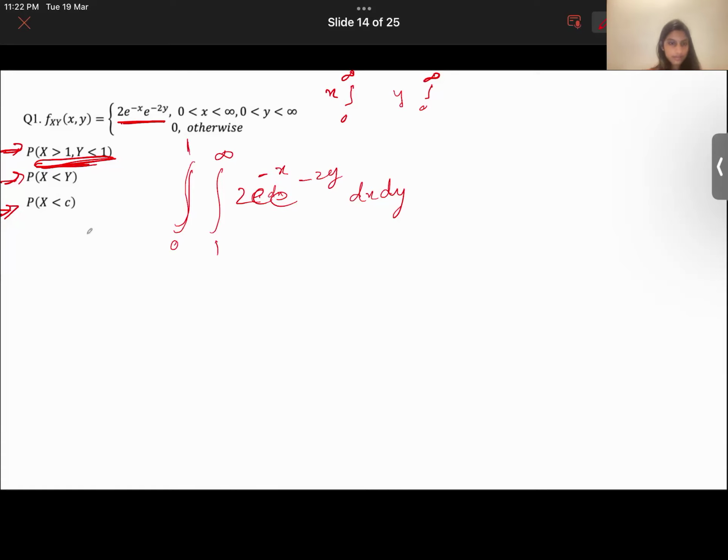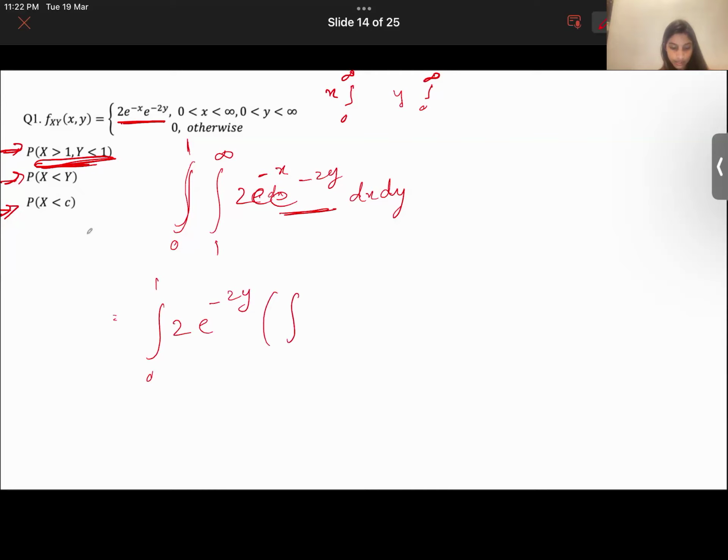Okay, we have that. So let's first solve the inner integral, which is based on x. When you integrate with respect to x, the y term will be constant, and 2 is also constant, so you keep 2 e power minus 2y outside.